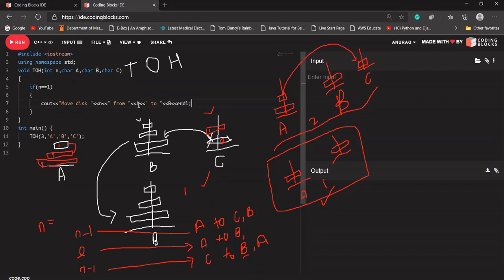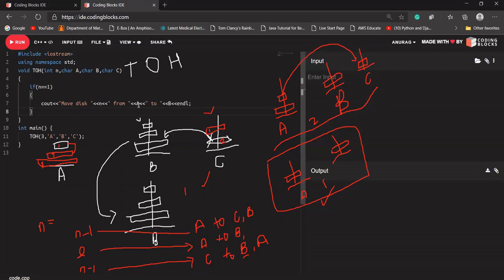If the user is asking how I can transfer one disk from A to B, I can directly say move disk 1 from A to B and end the line there.